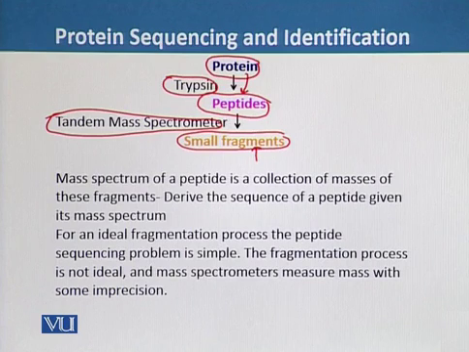The mass spectrum of the peptide is the collection of the masses of these fragments. The protein sequencing problem is to derive the sequence of the peptide given its mass spectrum.